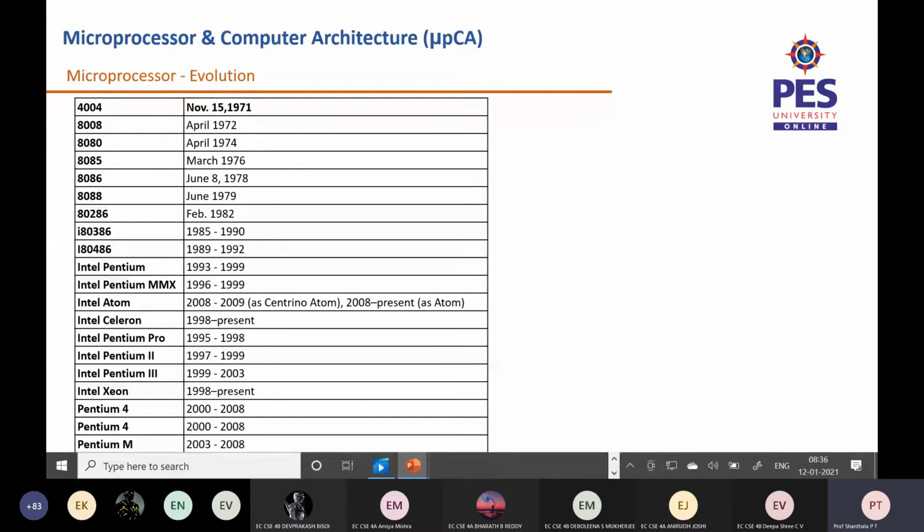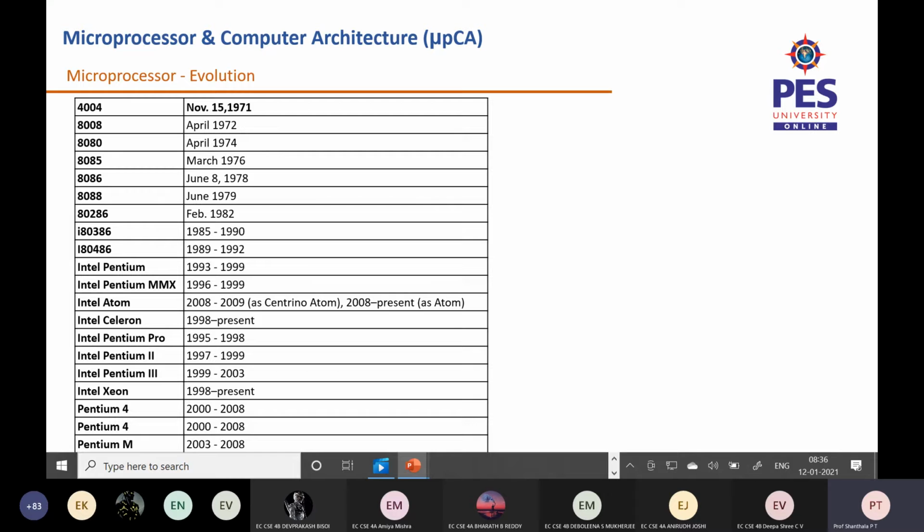8085, 8086 and 8088. Till now the academic people also use 8085. We used to execute programs based on this 8085 microprocessor and 8086 microprocessor, which were invented in 1976 as well as 78.